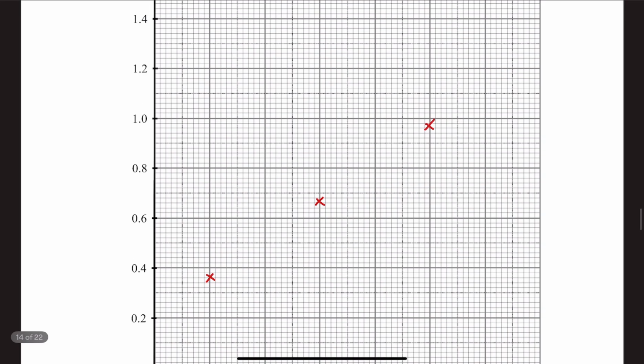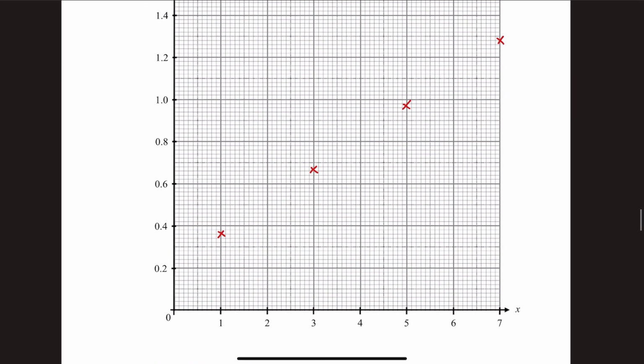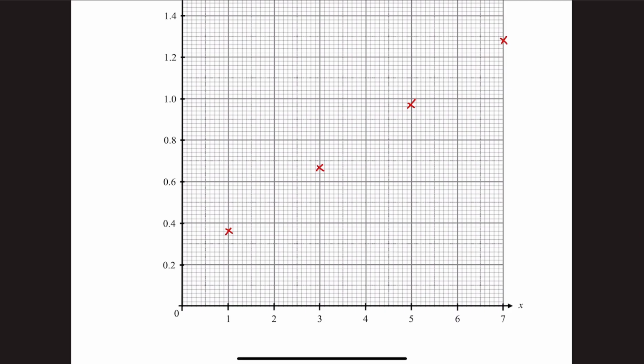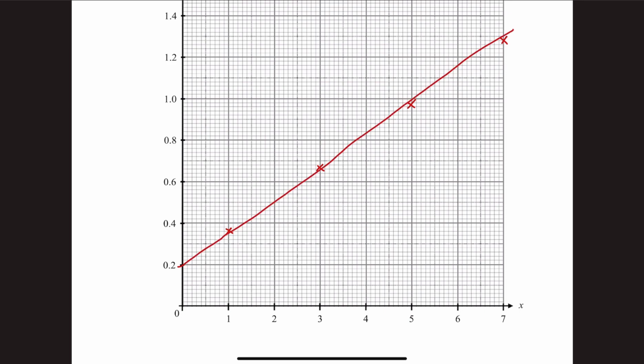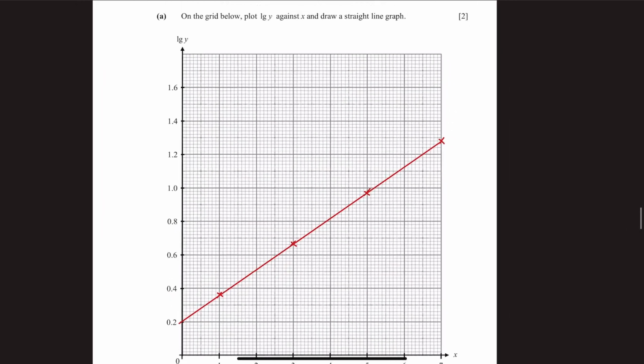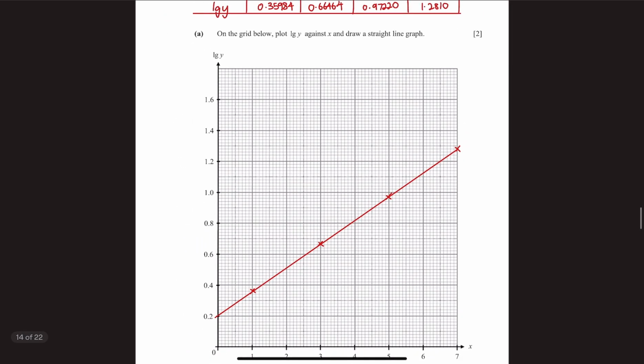So if I draw a straight line, your graph should cut through something like this. Once we draw a graph, make sure your points are labeled correctly. So this is your graph that you should obtain.